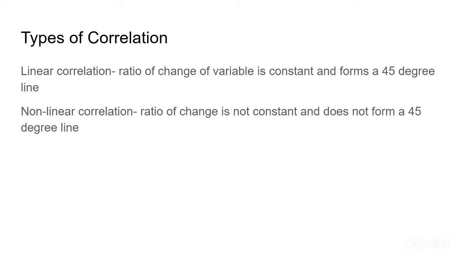When the change is not constant, it is non-linear correlation. It can be a curvilinear relationship, S shaped, U shaped, any shape that can be understood after plotting on the graph.